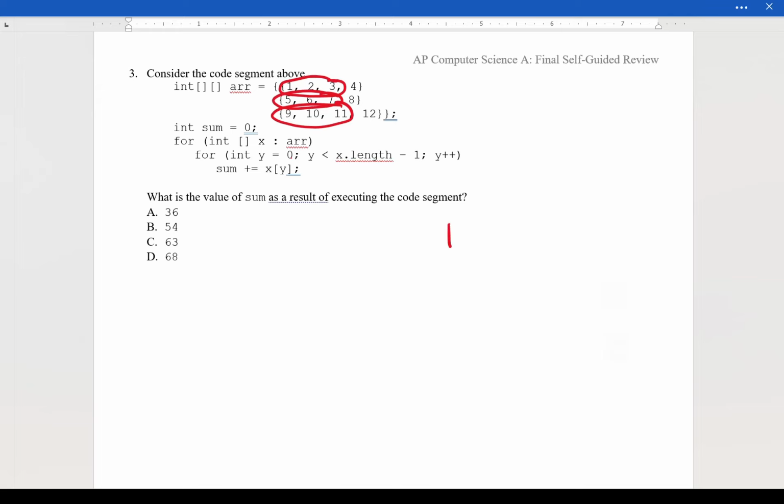So it looks like I'm going to do 1 plus 2 plus 3 plus 5 plus 6 plus 7 plus 9 plus 10 plus 11, which gives us a total of, good question, 3, 6, 11, 17, 24, 33, 43, 54. B for a final answer.